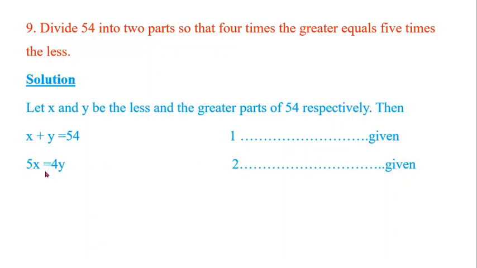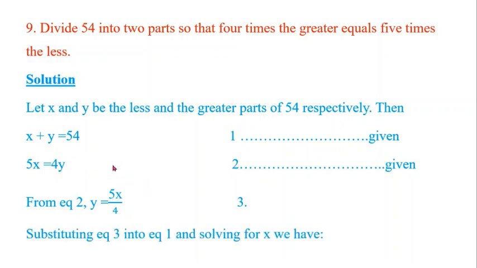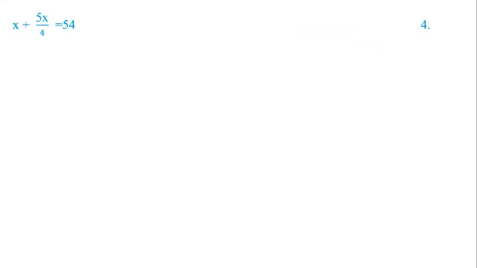From equation 2 we have y is equal to 5x over 4. Let this be equation 3. Now substituting equation 3 into equation 1 and solving for x, we have x plus 5x over 4 is equal to 54.